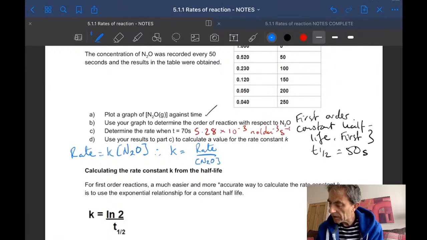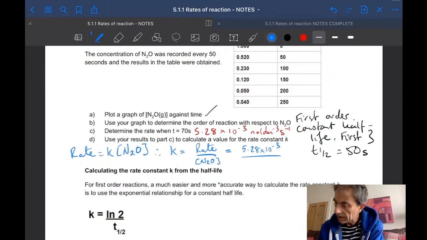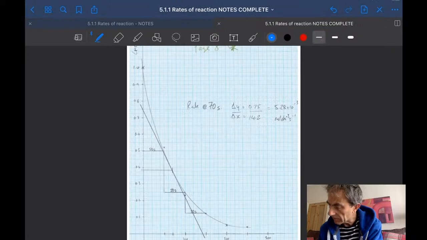We've just been asked in part C to calculate the rate at 70 seconds, so you've got to do that to help you with this part of the question. So I'm going to use that rate at 70 seconds, 5.28 times 10 to the minus 3, that's my rate, and the concentration of N2O at 70 seconds, obviously you would get that from the graph, wouldn't you?